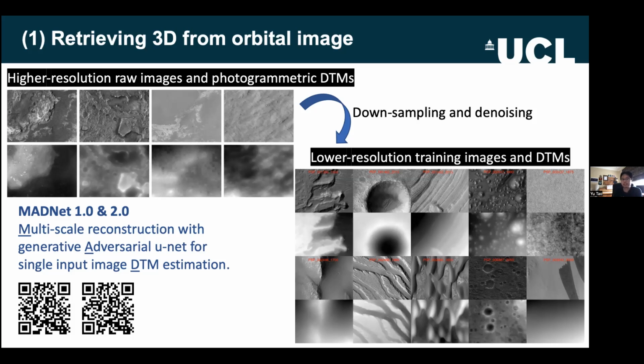And similarly, we downsample the CTX DTMs to 36 meter per pixel, the CTX DTMs also from a photogrammetric pipeline. And in this way, the noise and the artifacts from the photogrammetric training DTMs are mostly removed, and we can train the network to learn per pixel image to height predictions.